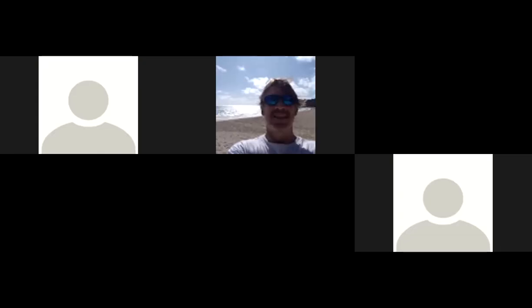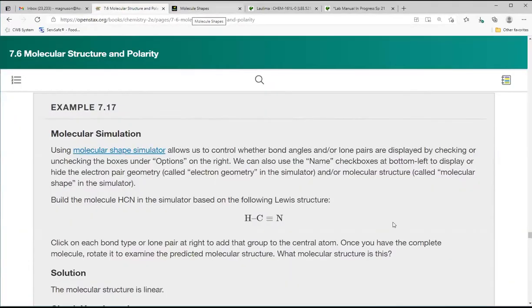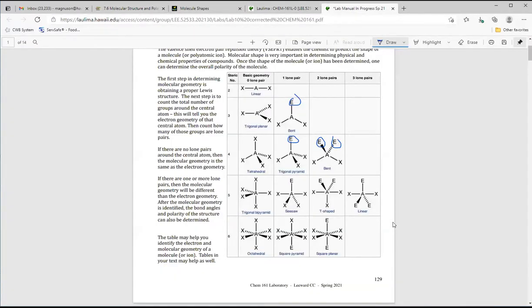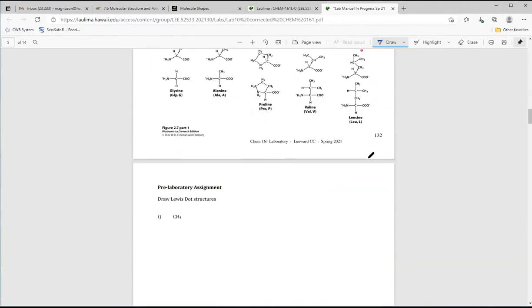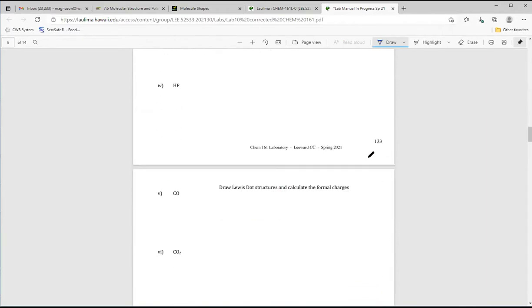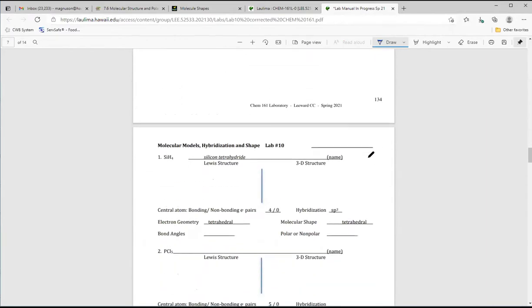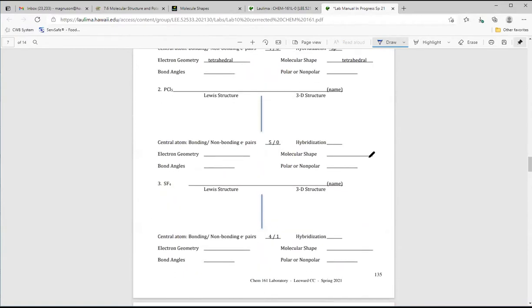I need an example of a seesaw. SF4. I think SF4 will do it for us. Let's do SF4. All right, we'll do this one together.